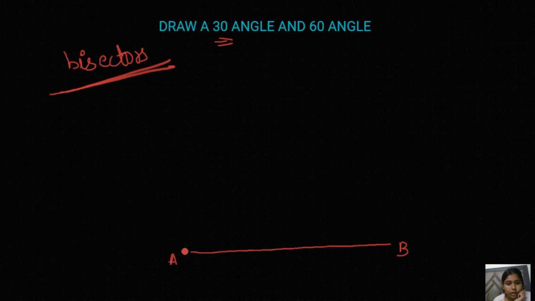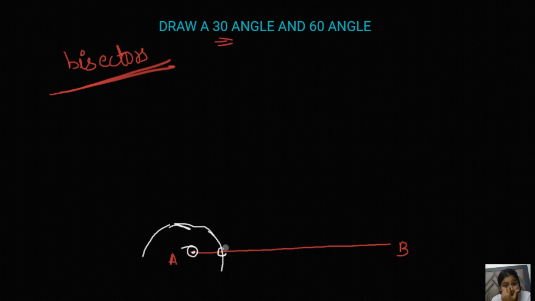You have to take the point A as the center, put the pointer of the compass here, and make an arc like this, right? This is the arc. Then make an arc taking B as the center like this, okay.